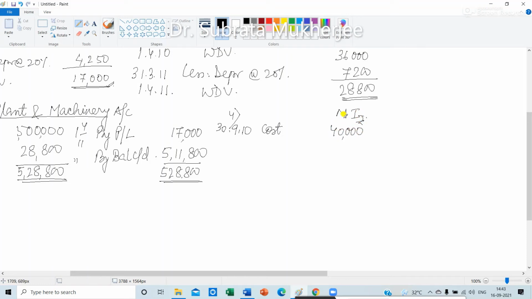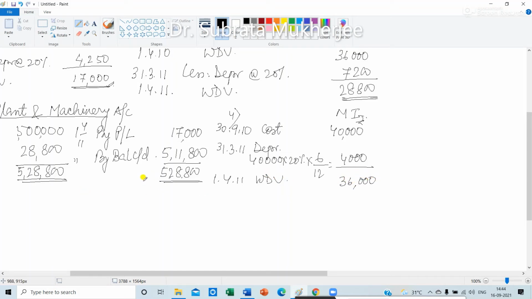I termed this as M1. On 31st March 2011, depreciation was charged on this: 40,000 into 20% into 6 by 12 will be 4,000. So on 1st April 2011, written down value was rupees 36,000.